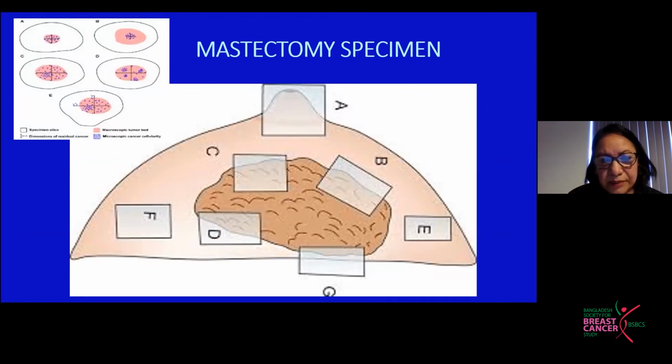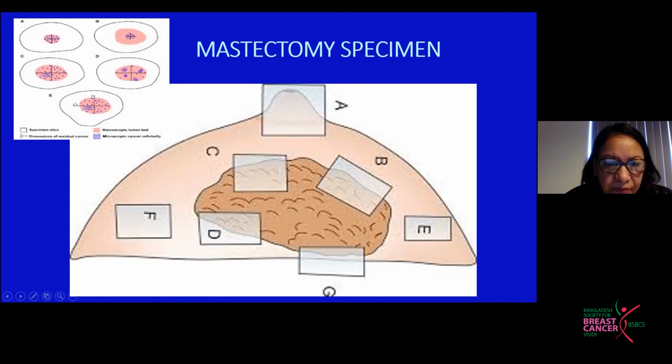And also, in cases when the tumor is near the skin, we have to take a perpendicular section, including the skin and the tumor, to look for invasion into the dermal lymphatics or into the dermis or epidermis, to call it stage 4B.